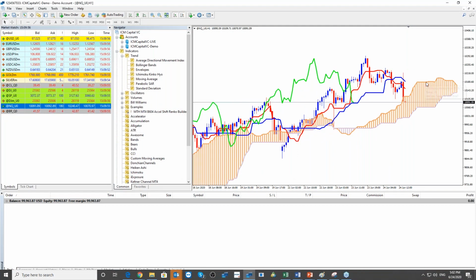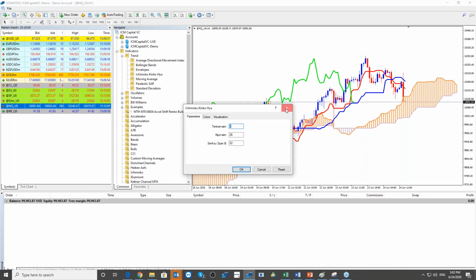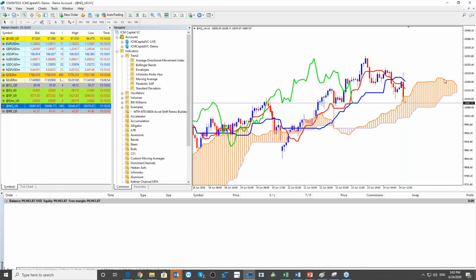Also, there's another change that could happen to the cloud itself. This one is called the leading span A, and this is the leading span B. The leading span A is the summation of these two lines over 2.